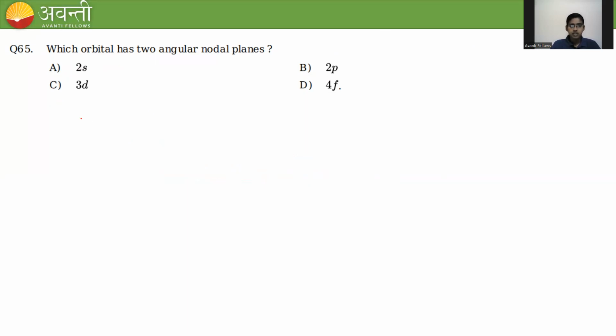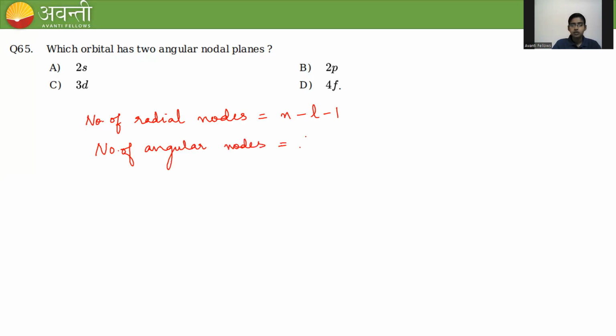Let's start. The number of radial nodes can be calculated from n minus l minus 1. And the number of angular nodes is equal to l.